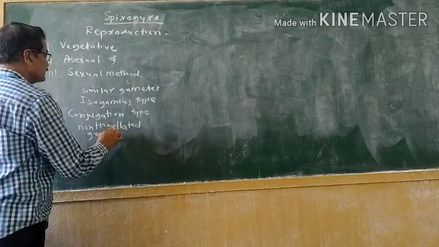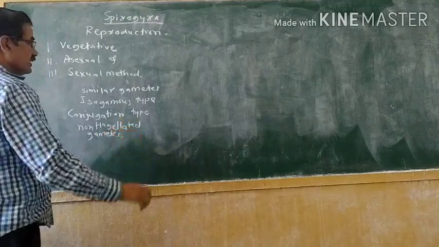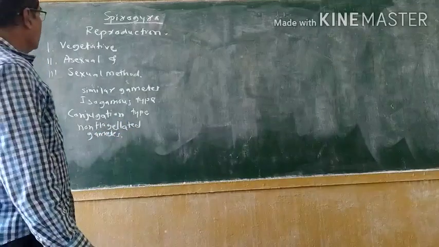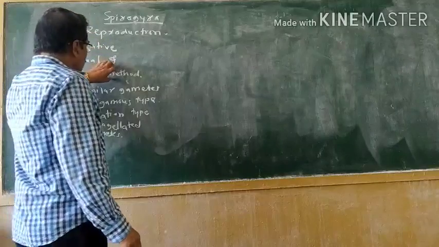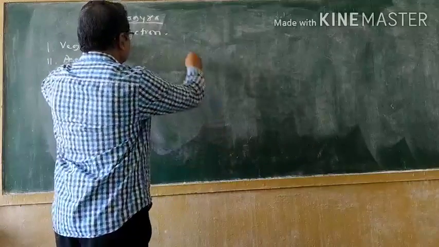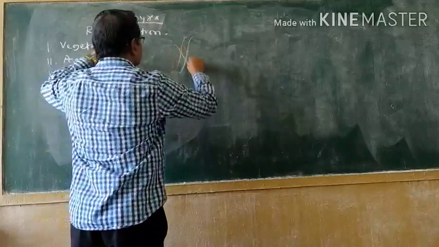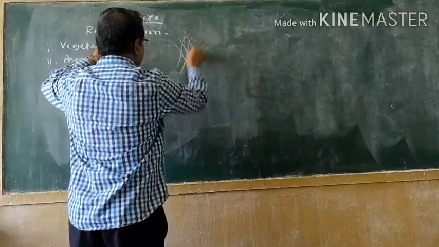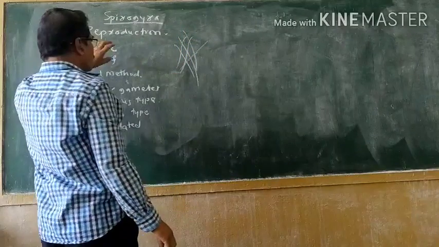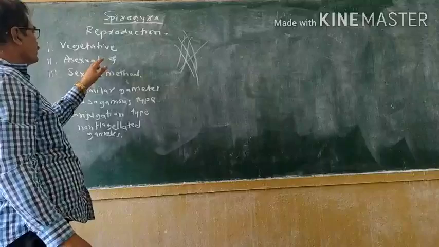See here, the vegetative reproduction by means of filamentous fragmentation, asexual formation of akinetes, parthenospores, and zygospores.